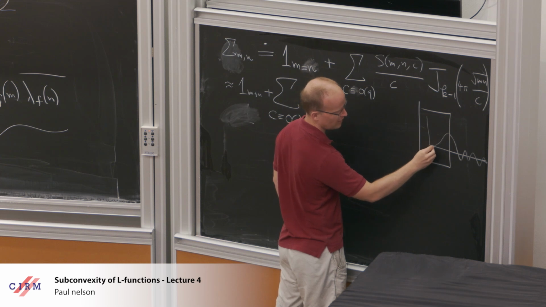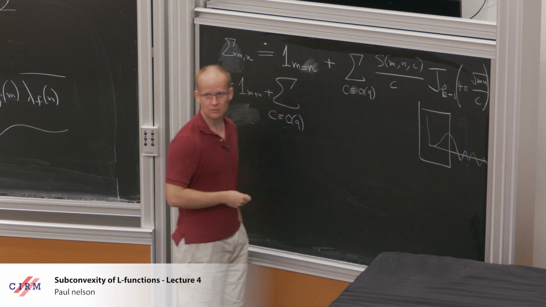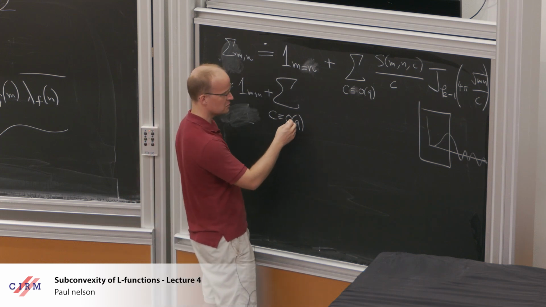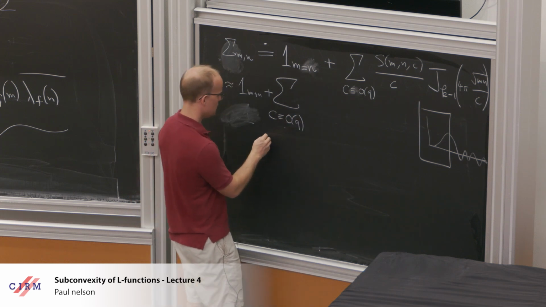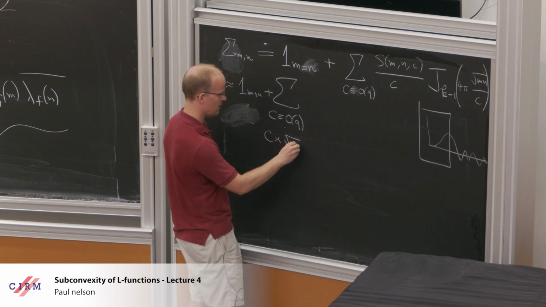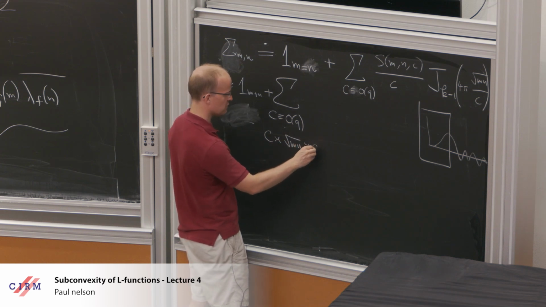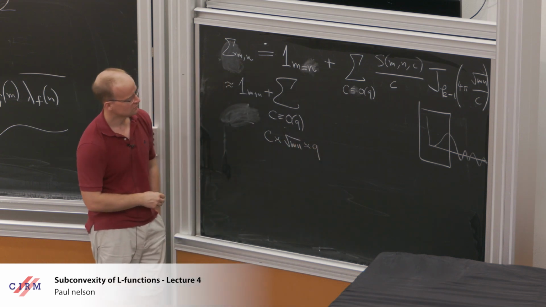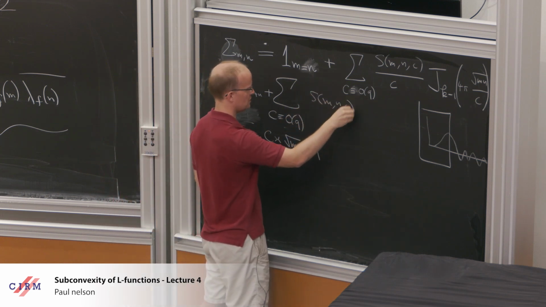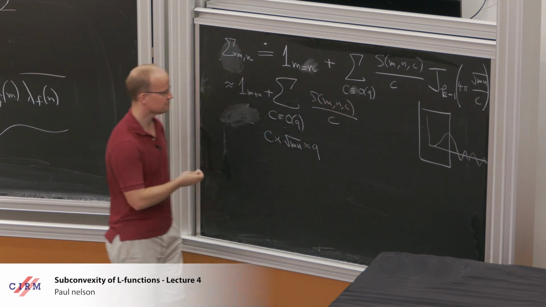We don't need to worry about what happens near 0 for these Bessel functions, at least if k is large. So you get the condition that C is asymptotic to square root of mn, but that's itself asymptotic to Q. And then you're left with S of m, n, c divided by C.